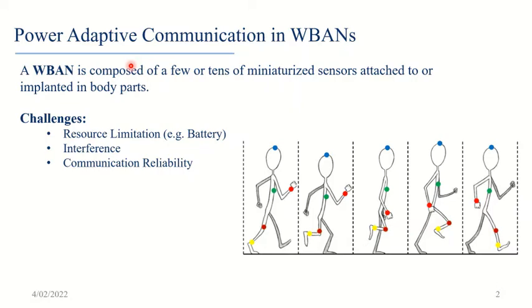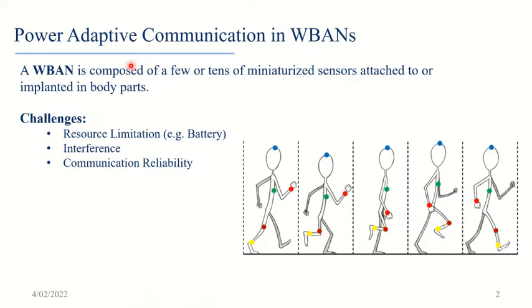But on the other side, we expect a body sensor to operate for 10 years, 20 years, and it is not acceptable to do a surgery just for recharging or replacing a battery.